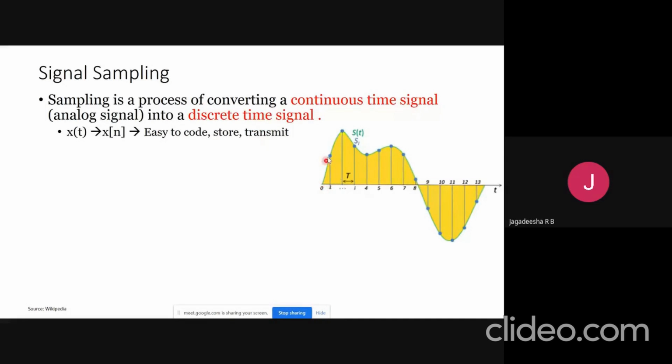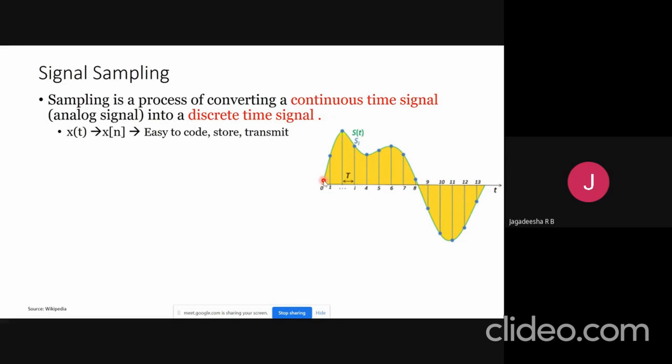If you see this figure, this is a continuous time signal. Everything varies with respect to time. Here we have the time axis, and the amplitude variations along the y-axis. At any instant of time, you have a value for the amplitude, maybe a voltage or power.